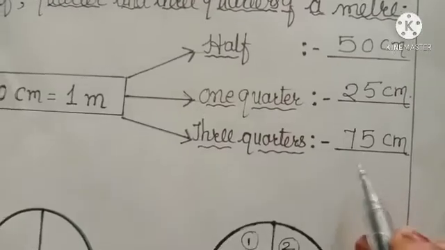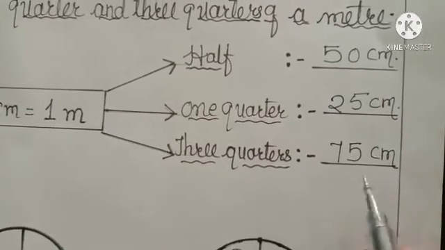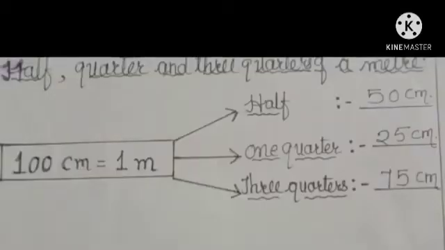Means 3/4 of a meter is 75 centimeter. Therefore, half of 1 meter is equal to 50 centimeter, 1/4 of 1 meter is equal to 25 centimeters and 3/4 of 1 meter is equal to 75 centimeters.